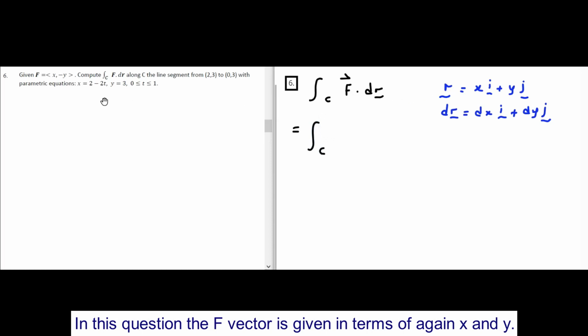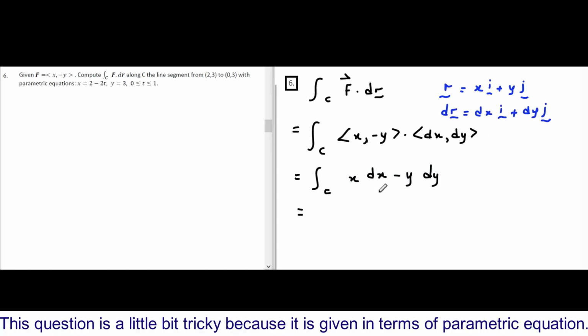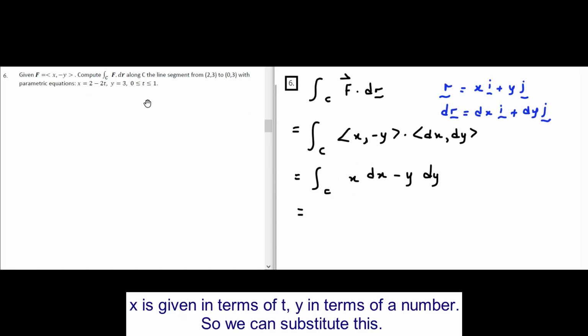In this question, the F vector is given in terms of x and y again: x, negative y, dot dr. This question is a little bit tricky because it is given in terms of a parametric equation. x is given in terms of t, y in terms of a number, so we can substitute this.